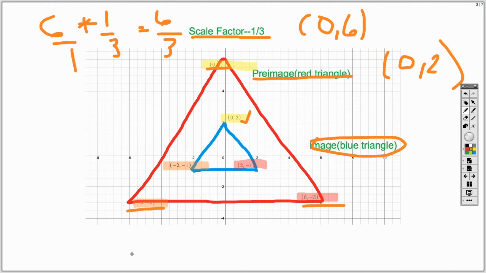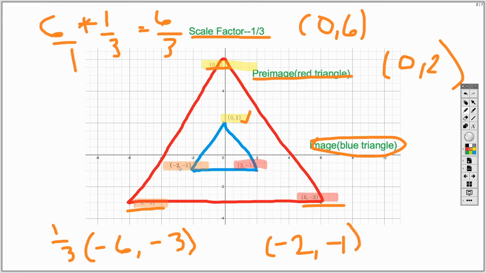Then I do the same with the rest of these points. So we have minus 6, minus 3, and I would multiply that by 1/3. 1/3 times minus 6 would be minus 2, and 1/3 times minus 3 is minus 1. So -2, -1 is a point, and yes, it most certainly is.